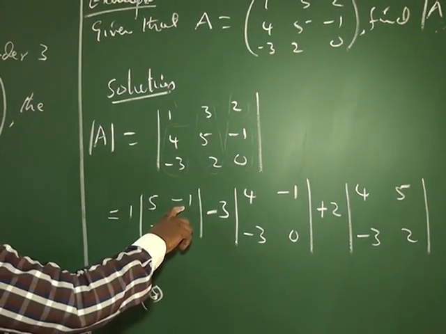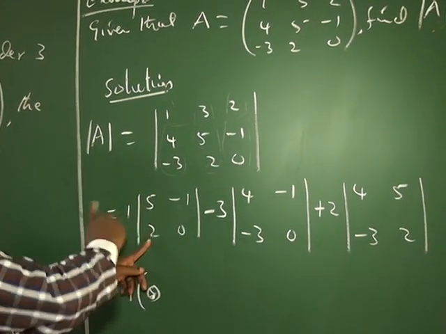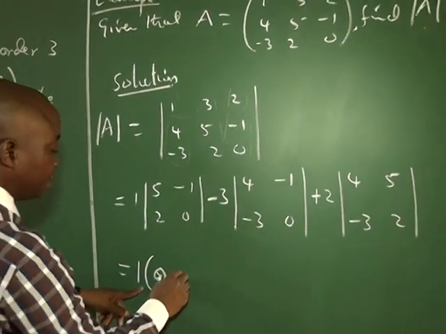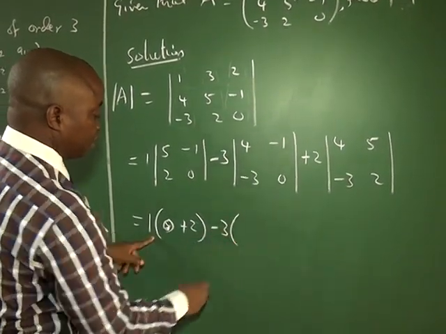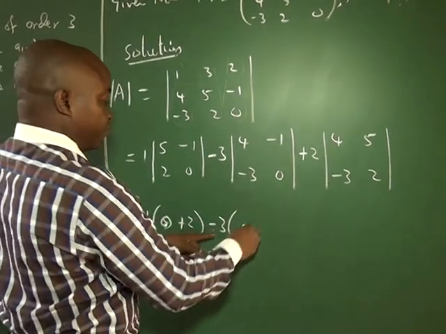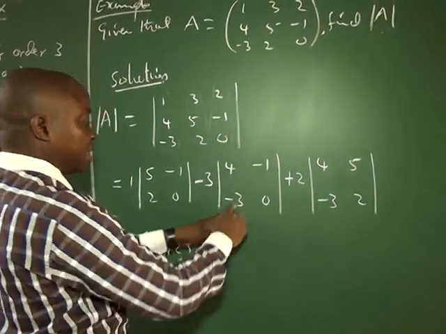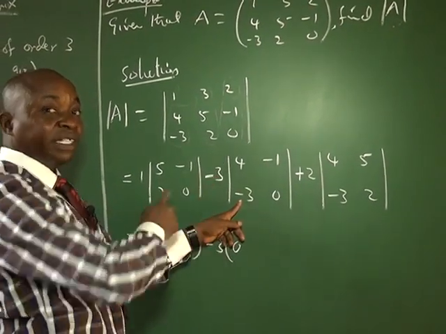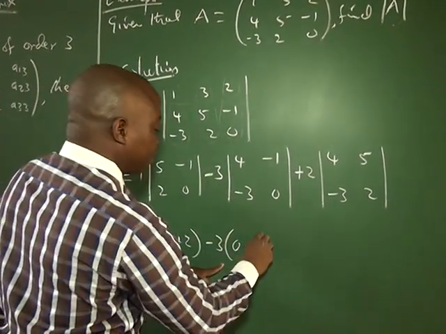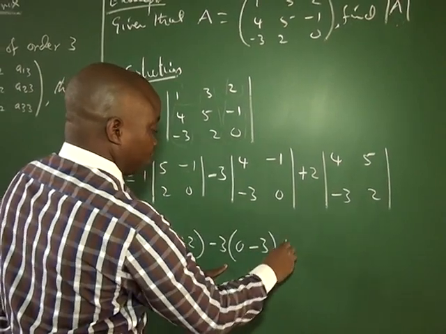So 2 times minus 1 is minus 2, times the invisible minus gives me plus 2, minus 3. This 4 times 0 is 0. As I'm going this way, minus 3 times minus 1 is 3. But the invisible minus makes it minus 3 plus 2.